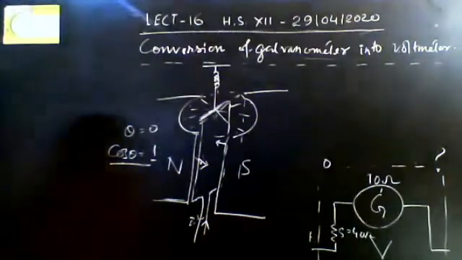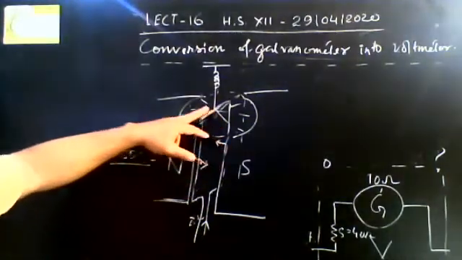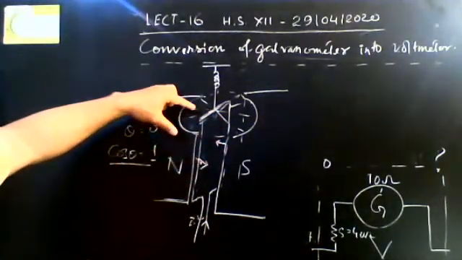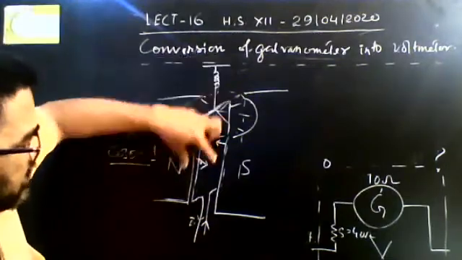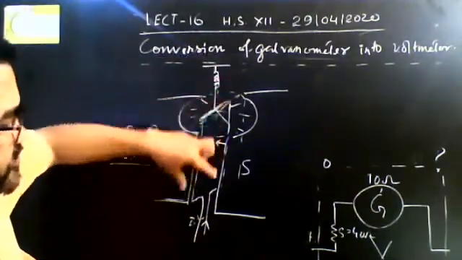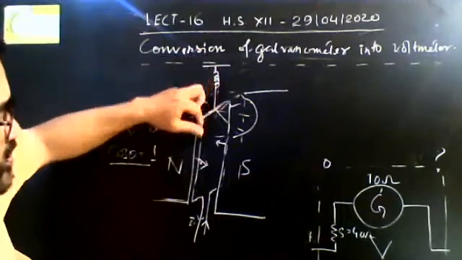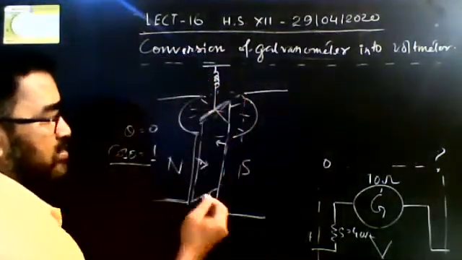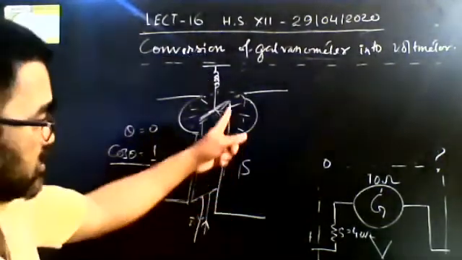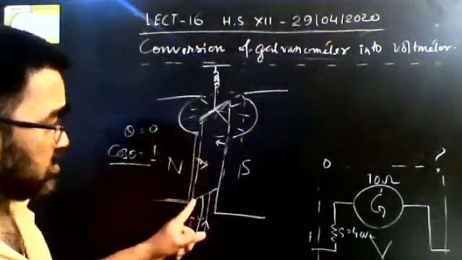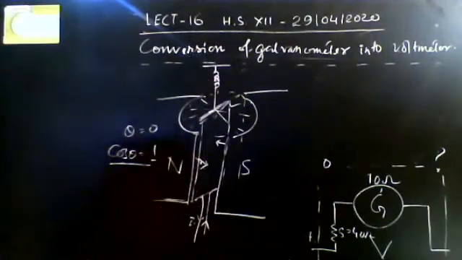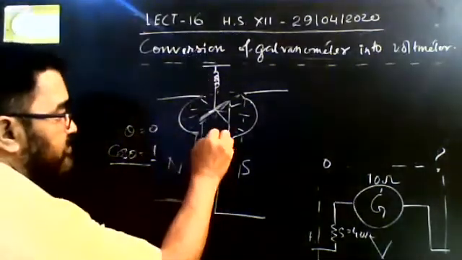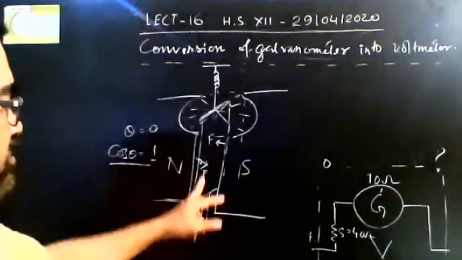When cos theta is 1, we have the maximum value of torque. Then the top and bottom sides will not experience any force. Only the vertical sides will experience opposite forces. That is, F is equal to ILB.